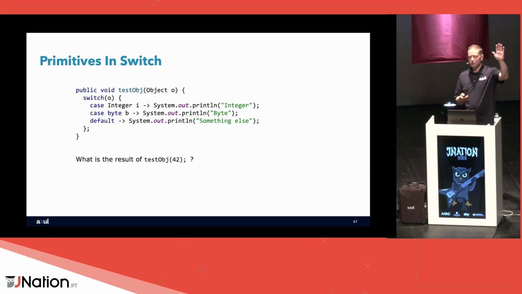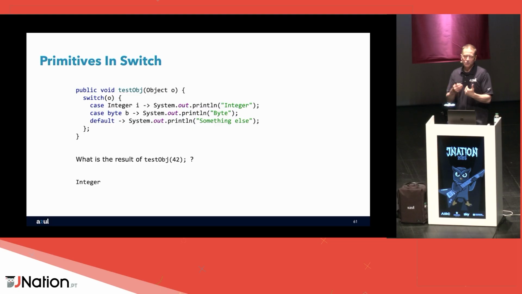What about if we pass in 42 on its own? Who thinks integer? Who thinks byte? Who thinks something else? Not a lot of people voting here. I was hoping for more audience participation. Anyway, the answer is integer. Why? Because what's happening here is auto-boxing.